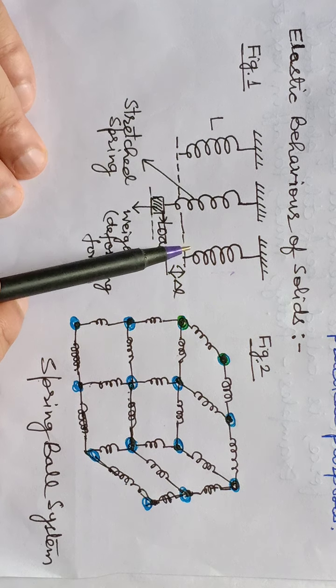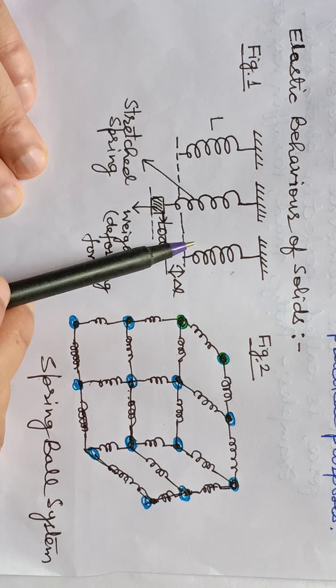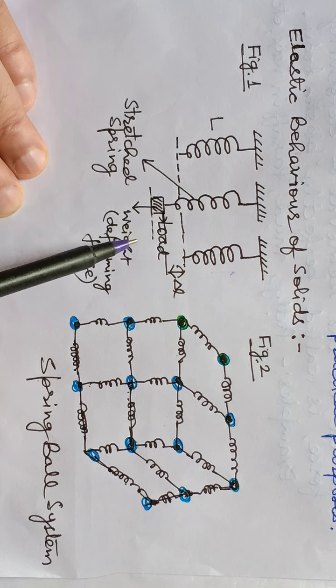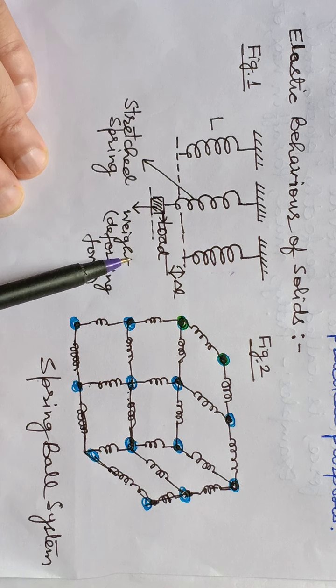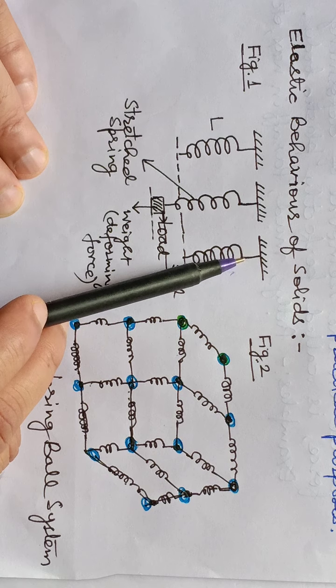So why does this happen? Because this spring is applying an internal restoring force in upward direction in response to this deforming force, which is the weight. Internally, this spring is applying force.